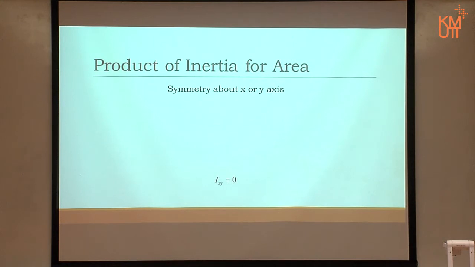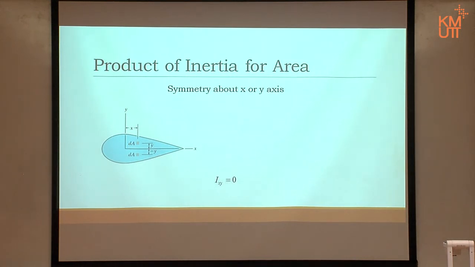This is the idea. Okay? That picture has symmetry about the x-axis. Notice that every dA on the top of the x will have a pair of dA below x. On the top it will be times y, at the bottom times minus y. When you combine, it becomes 0.